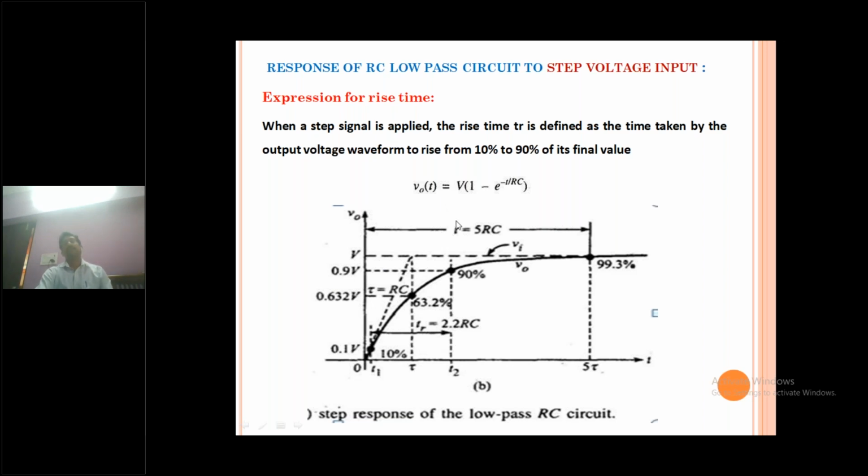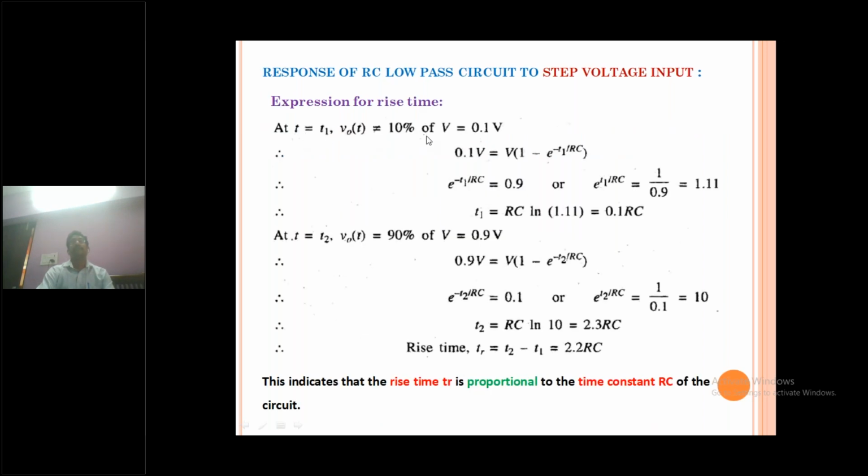For this rise time calculation, you take the equation V naught of t equals capital V into 1 minus e power minus t by RC, and substitute different values of time and output voltage.